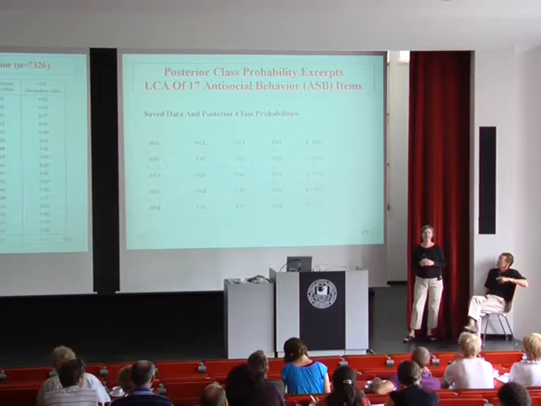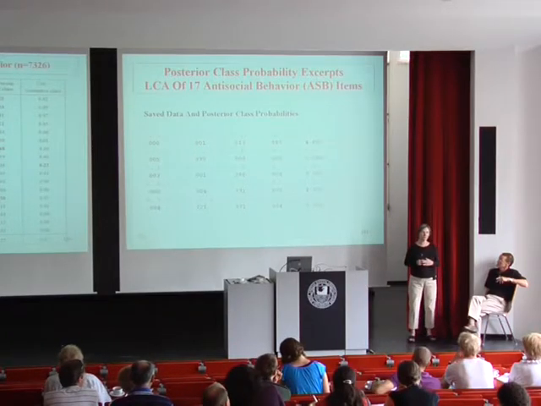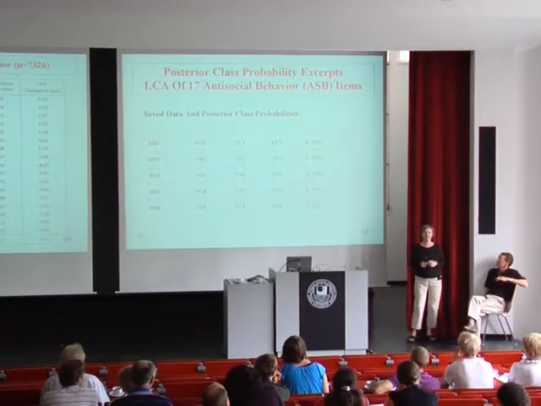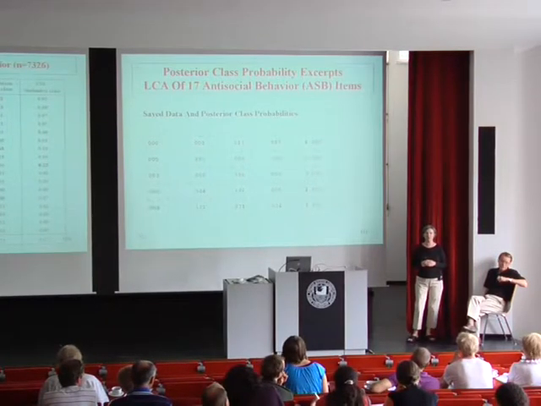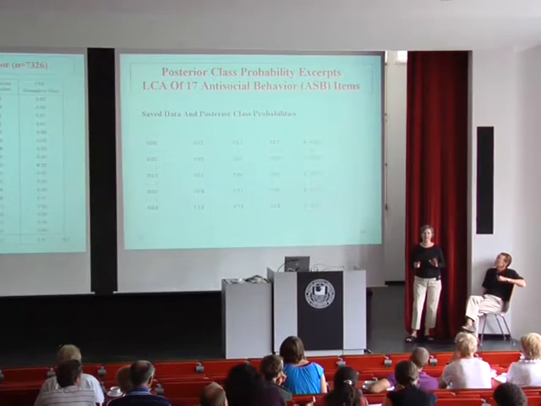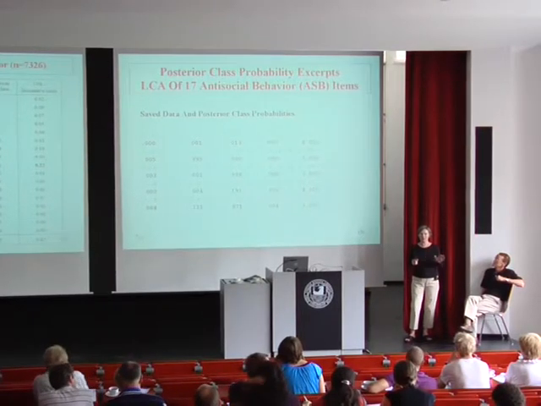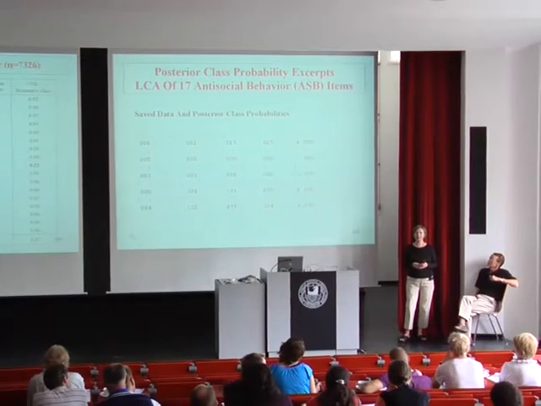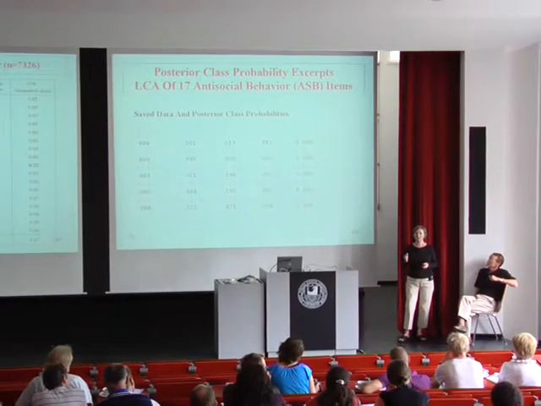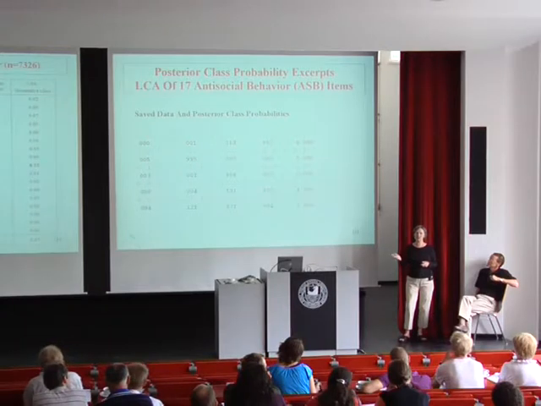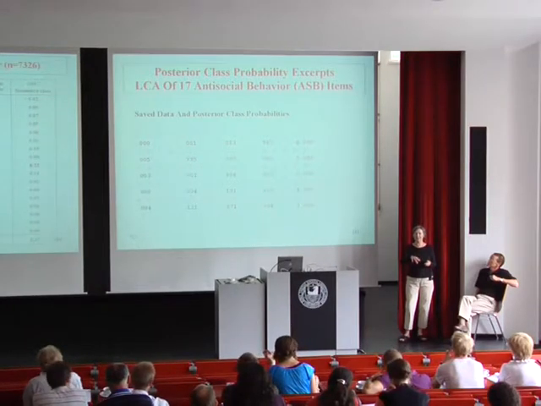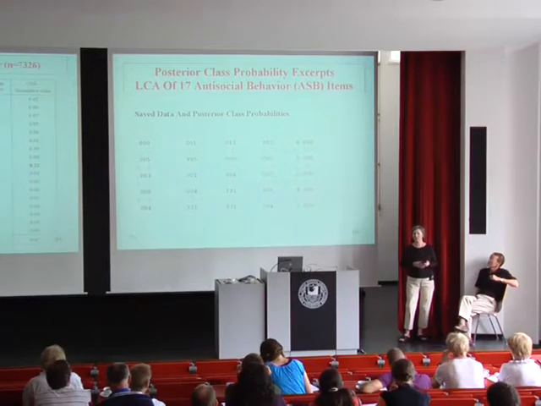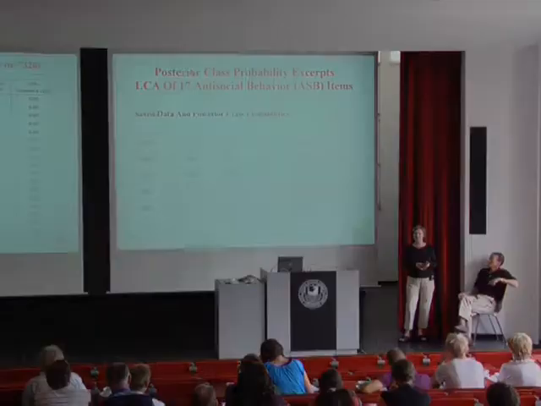If you have fairly good entropy, probably 0.8 or above, then most likely class membership is an okay variable to use. If you have very low entropy, below 0.8, let's say, then the most likely class membership variable may not really give you the same results as if you did a simultaneous analysis where the latent classes are estimated along with whatever other part of the model that you have.